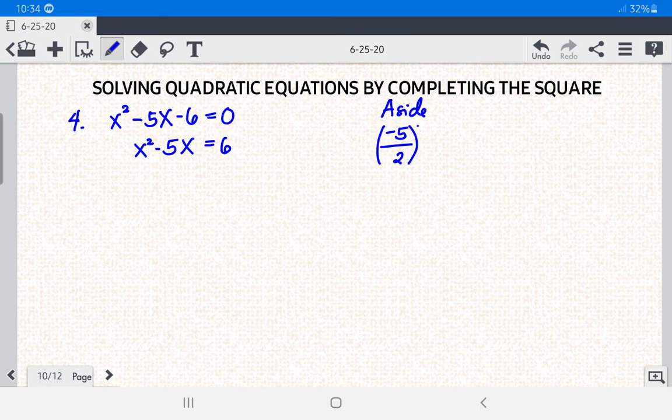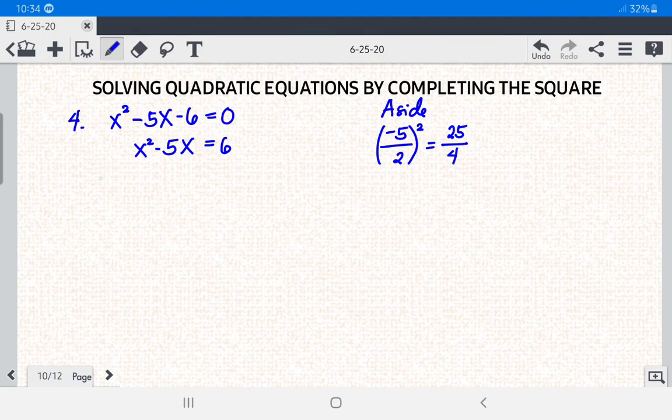Then square it. We have positive 25 because negative 5 times negative 5 is positive 25, and 2 times 2 is 4. Then we're going to add 25 over 4 on both sides of the equation.